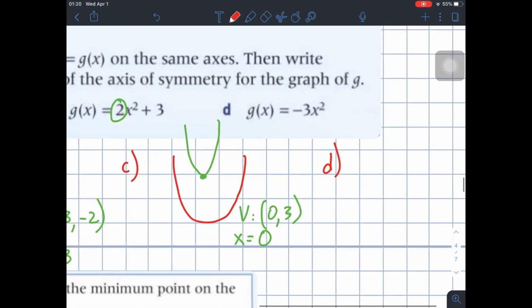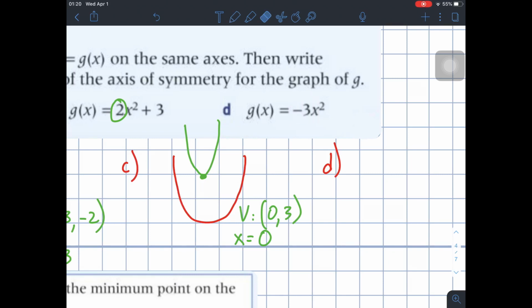Then, if we analyze this negative 3, the negative sign is telling us that the parabola changes direction. So in this case, the new parabola would be facing down. It will be a sad face. And the 3 corresponds to a vertical stretch, meaning that, as with the one over here, the new parabola should look narrower than the original.